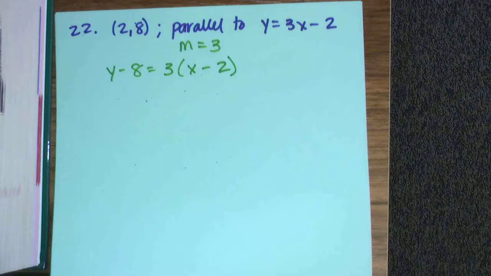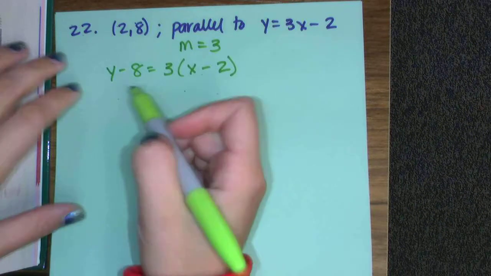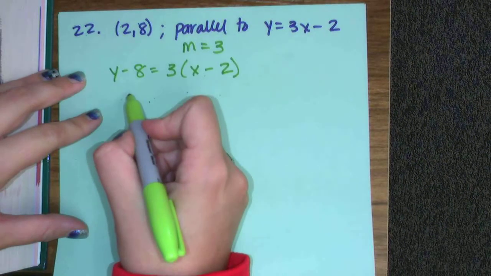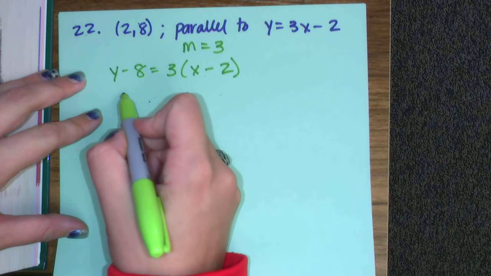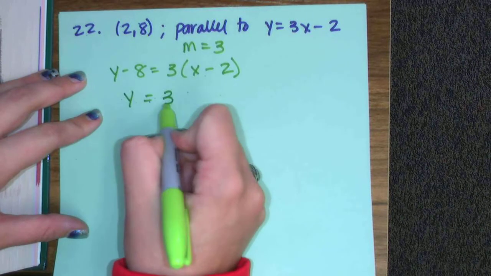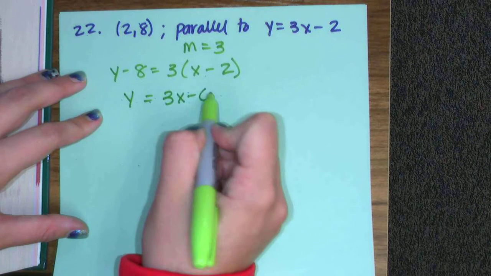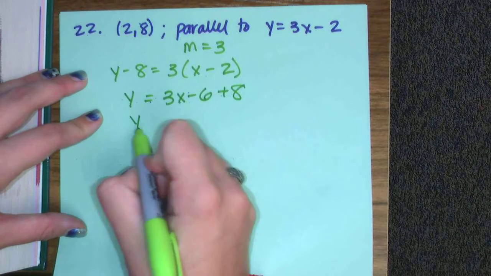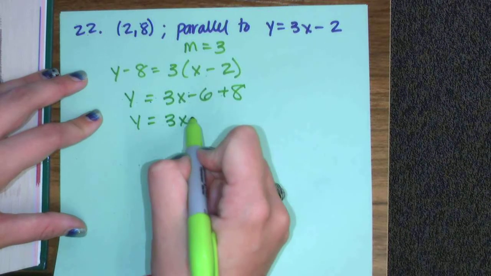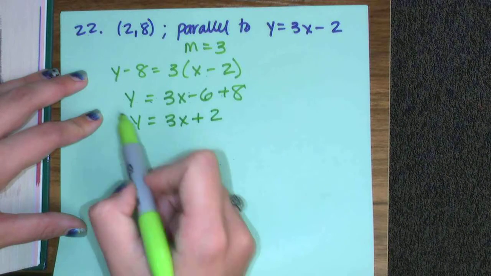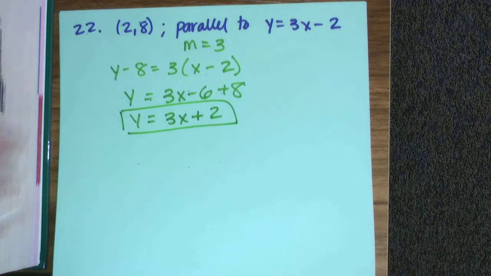Yep, so I need to use point-slope form, and then I need to simplify it down to slope-intercept form. And how do I do that? So y is equal to 3x minus 6 plus 8. Y is equal to 3x plus 2. So this is the equation for the line that is parallel to the other one.